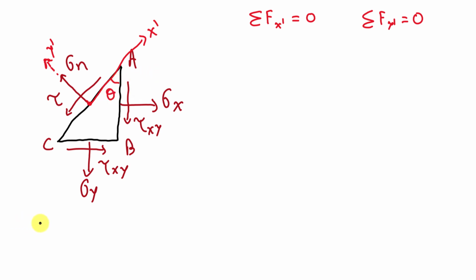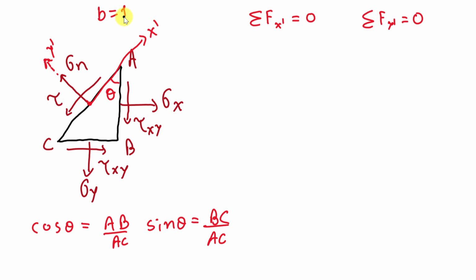So from here we can say that cos theta is equal to AB divided by AC, right? And sin theta is equal to BC divided by AC, right? And here we are taking the width of this plane as unity, meaning we are assuming that the width of this body in the direction perpendicular to the screen is unity.